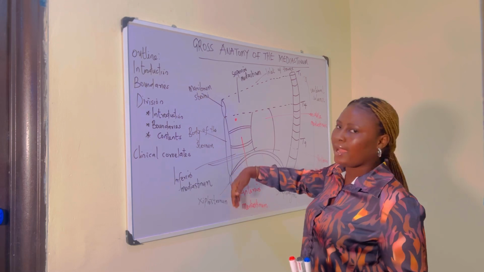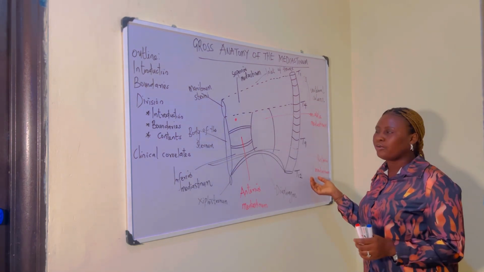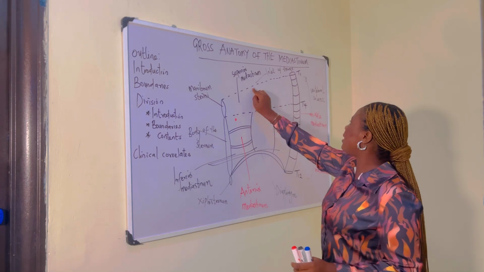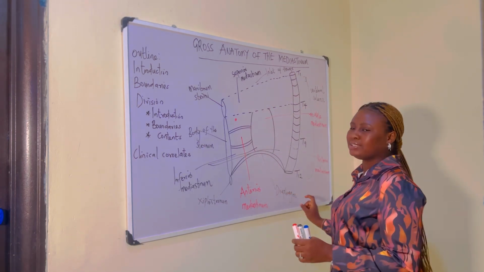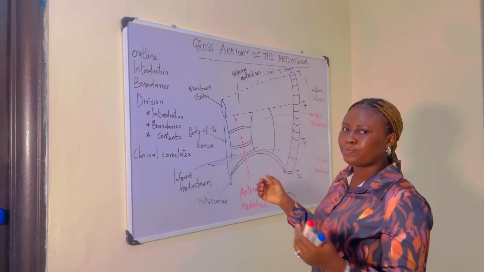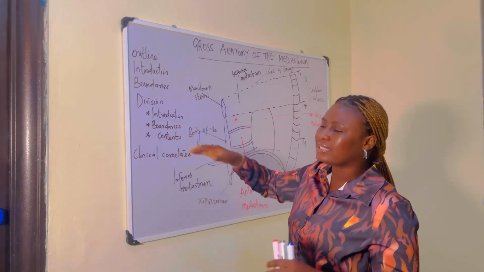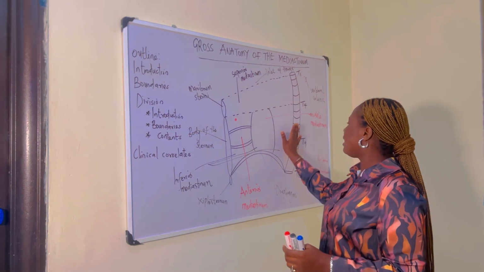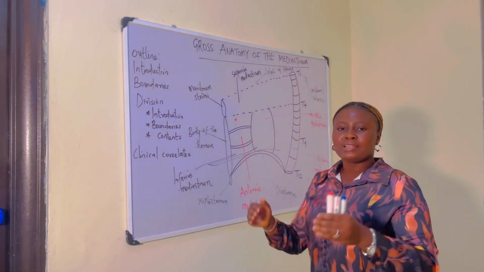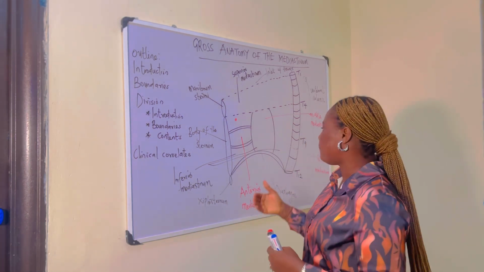Anteriorly it is bounded by the sternum, posteriorly by the vertebral column, superiorly by the inlet of thorax, inferiorly by the diaphragm, and on each side by the mediastinal pleura. Now the mediastinum is divided into two, the superior mediastinum and the inferior mediastinum. The inferior mediastinum is divided into three parts by the pericardium.